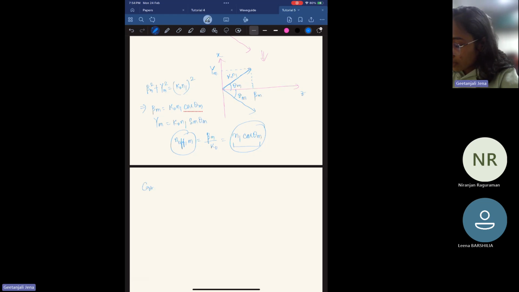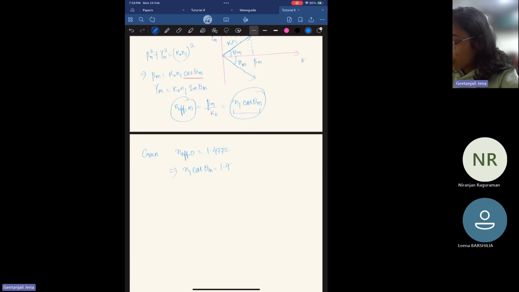For the zeroth order mode it is 1.4772. So n1 cos theta m would be 1.4772. n1 is given, it is 1.48 cos theta. So from here you will get theta m as 3.5 degree.